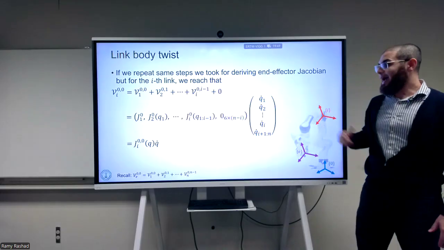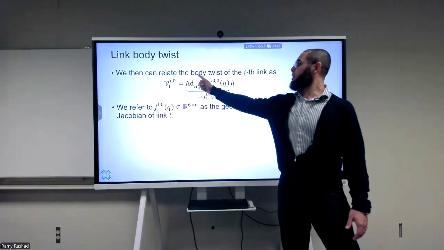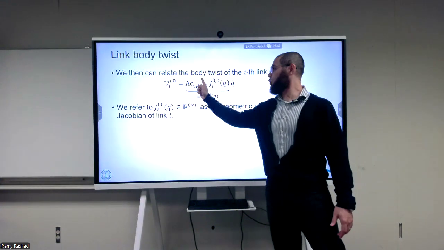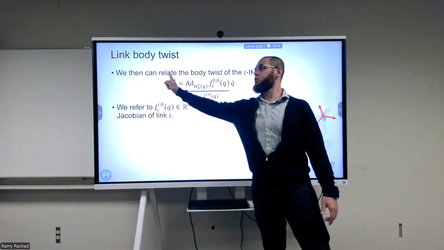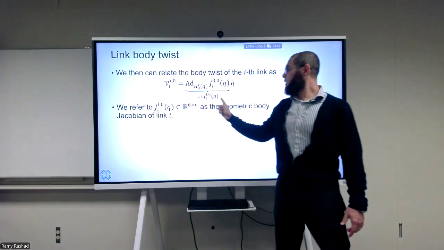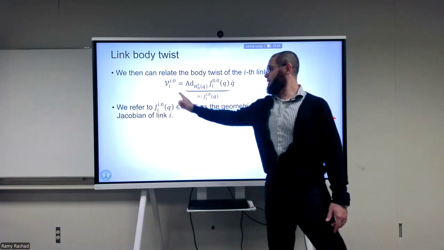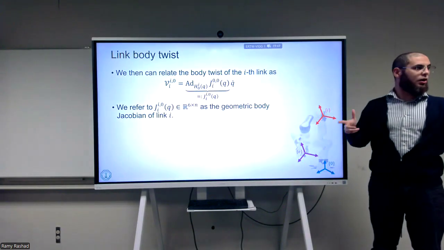That's it. And if you multiply this matrix from the left by the adjoint of h from 0 to I, in the end we're going to have the twist of I with respect to 0 expressed in I. So now we have a matrix that's multiplied by q dot that gives us the twist of the ith link on the robot.